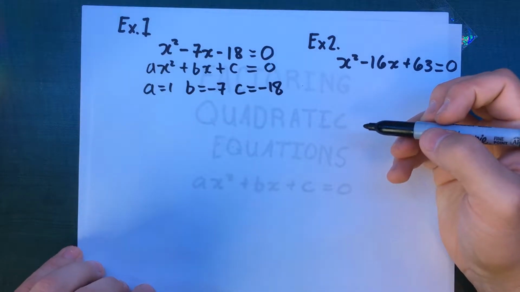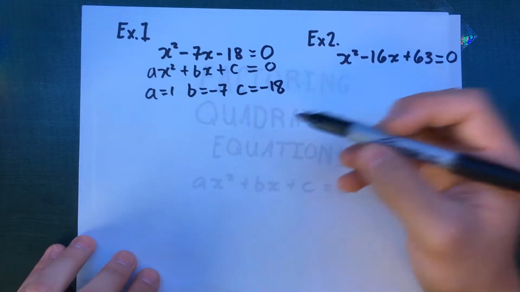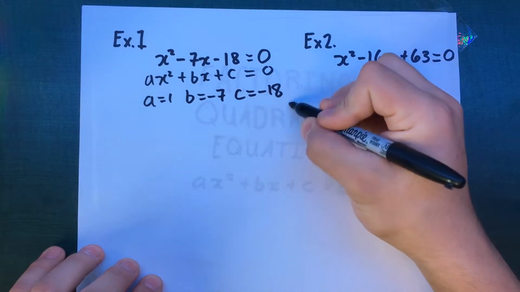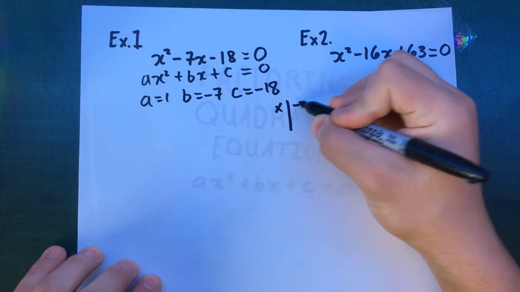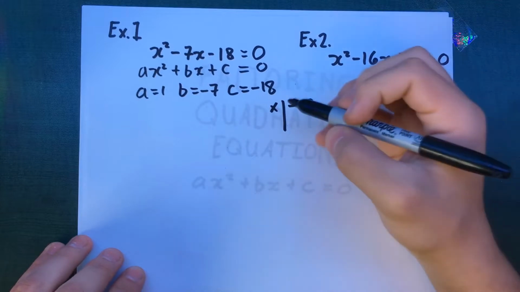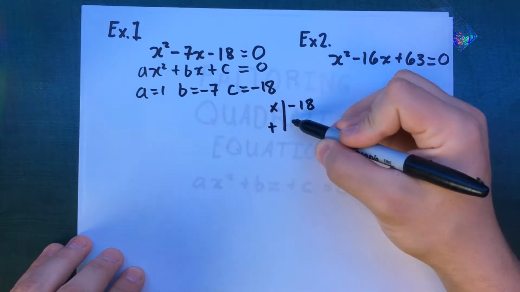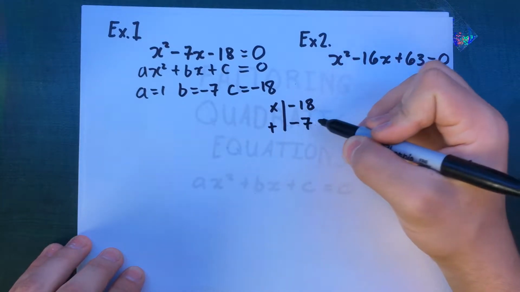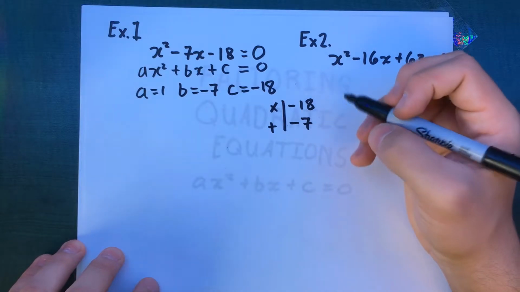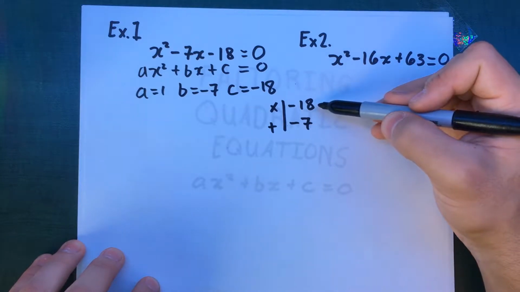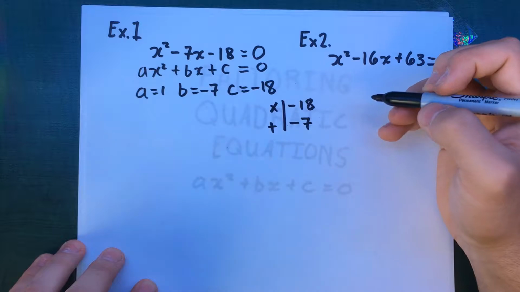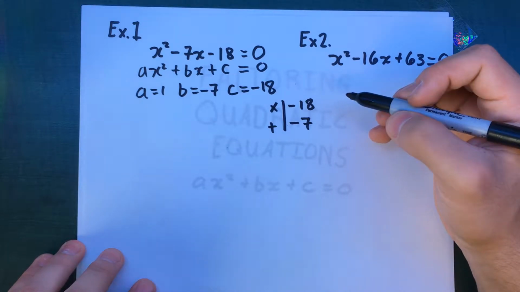So in order to factor this, we have to find two terms that multiply to negative 18 and add to negative 7. So let's start by writing out the basic factors of negative 18.